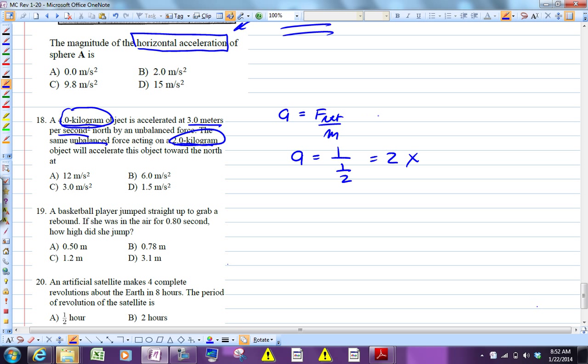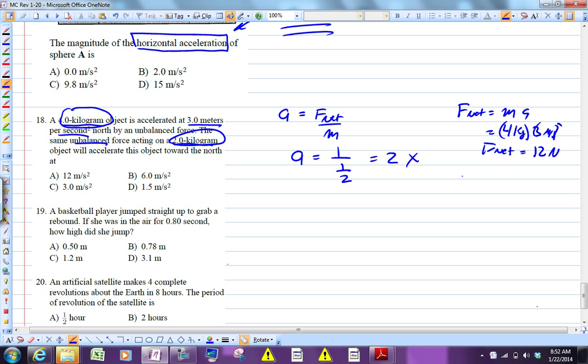The first time through, you're going to have an F net that's equal to ma. That's going to be 4 kilograms times 3 meters per second squared. The force is equal to 12 newtons.